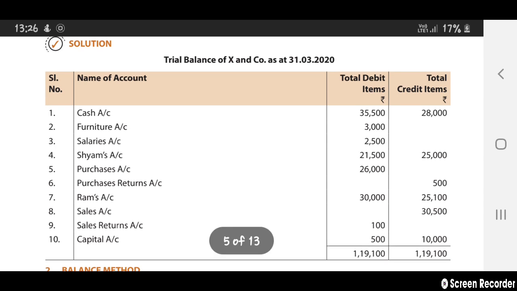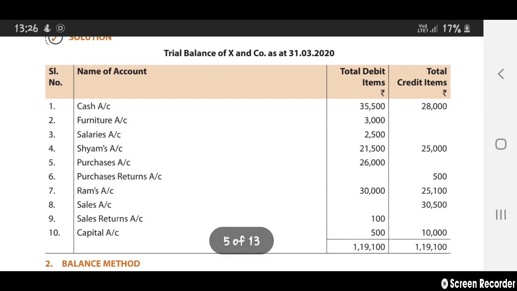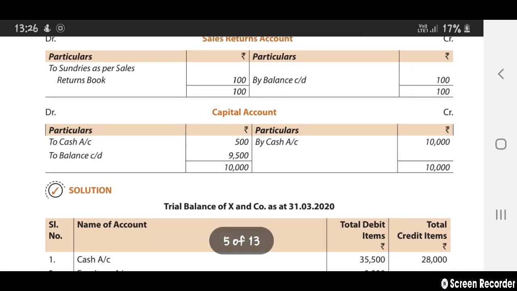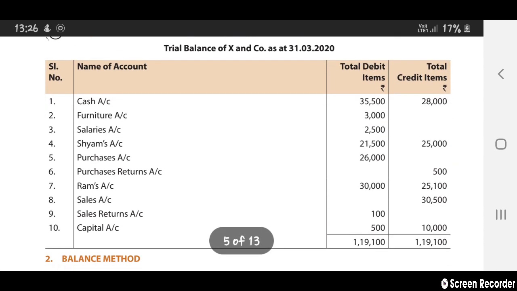Next, the trial balance for X and Corporation as on 31/3/2020. Cash account: debit 35,000 and credit 28,000.